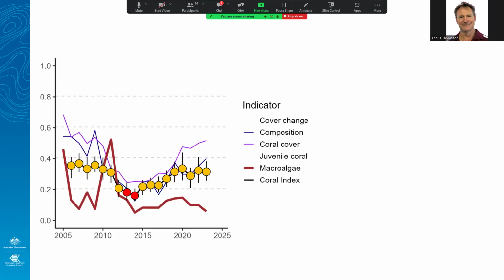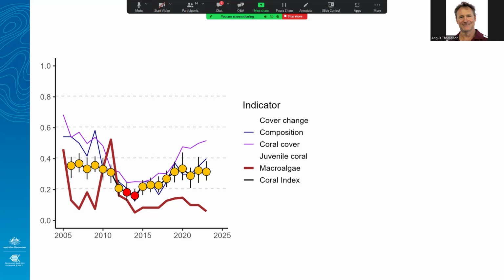Now I'm going to go through a couple of the indicators that are showing a bit of the resilience story. Back there in 2005, macroalgae was pretty low on the reefs, and so the score at that point was actually in that band of 0.4 to 0.6, which is a C, a moderate score. And then it plummeted. After the bleaching event, macroalgae cover went up on all the reefs.